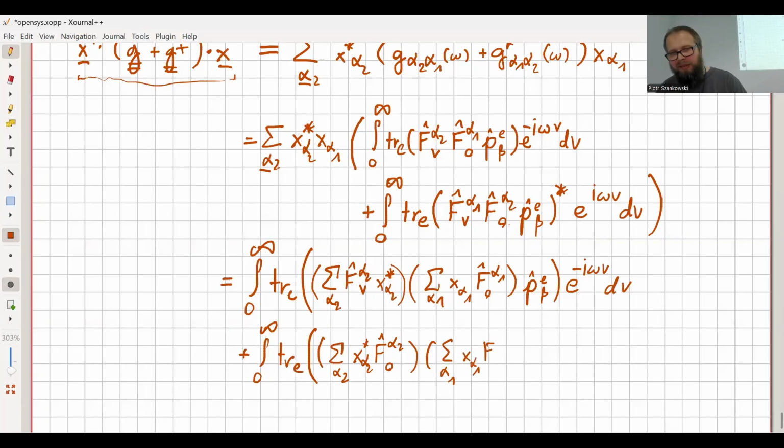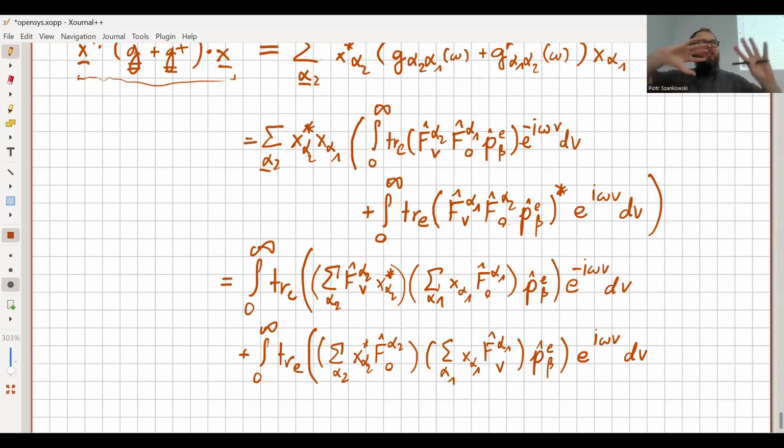X of 1, V, P beta star. Oh yeah, I can get rid of the star. If I write it like this, I can get rid of the star.